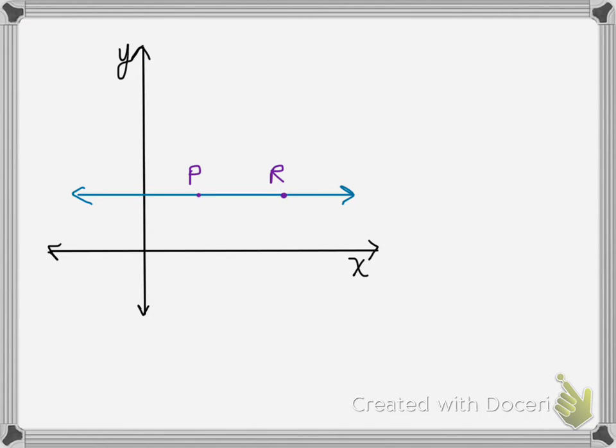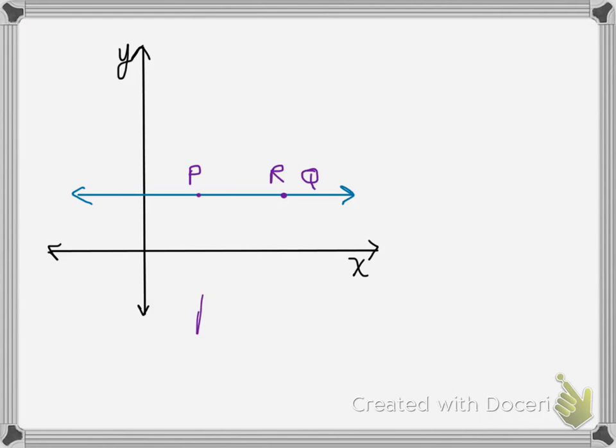Okay, once again, let's look at the case of the horizontal line. So when we have a horizontal line, Q and R actually end up in the same location here. So this would also be Q right there. And if we translated this down to the y-axis, we could read off the slope and it would be 0.